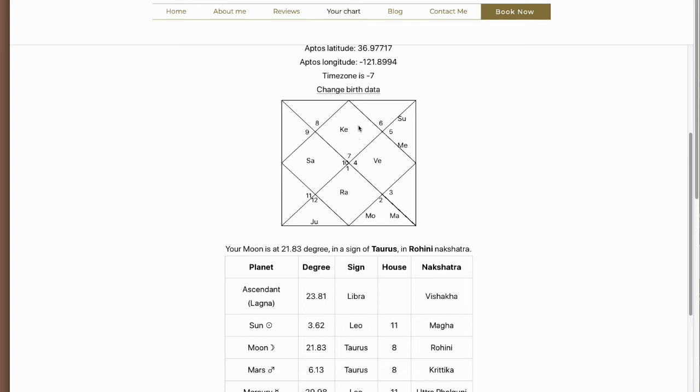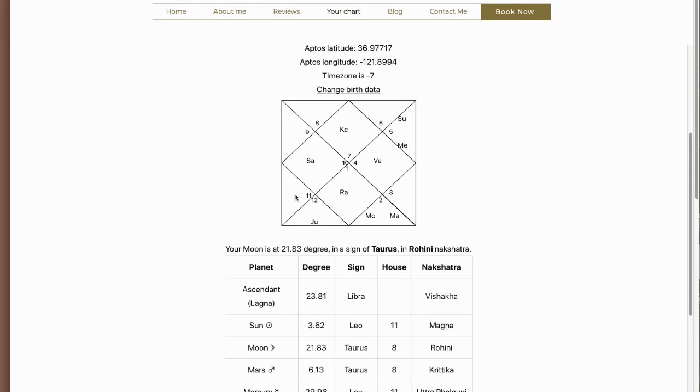So if we wanted to read out loud all positions in this chart, it would go like this. The person is Libra rising with Ketu in the first house. Second house is in Scorpio, third in Sagittarius. Fourth house is in Capricorn with Saturn placed in it.